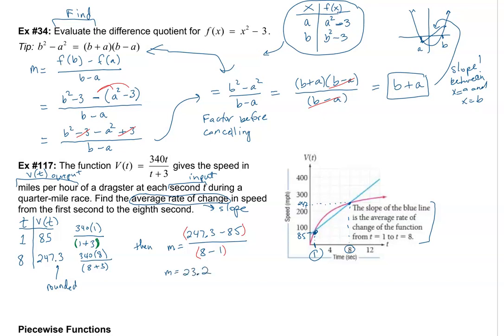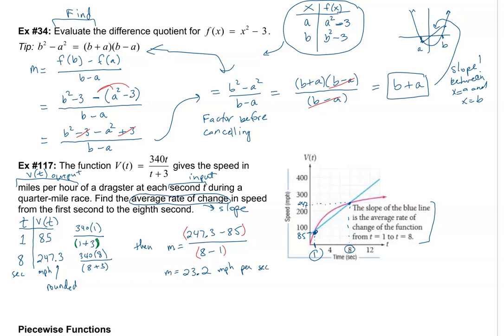Now for units, this one's a little tricky to write about, because the output units, remember, were miles per hour. This vehicle's going almost 250 miles per hour after 8 seconds, and the input is seconds. So the slope here would be the output units, miles per hour, per input unit, second.